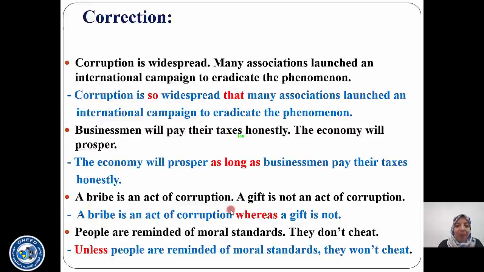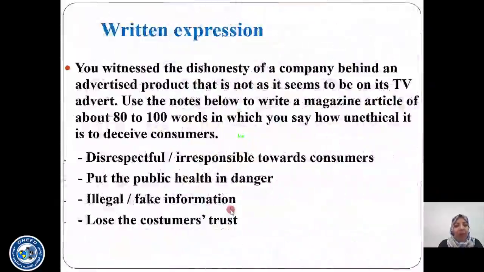Okay, so this is all for the grammar. Now let's move to the last part, which is the writing. Now, after having revised all this grammar, it's time to reuse it in order to produce something that is related to the text that we dealt with in the beginning of this lesson.